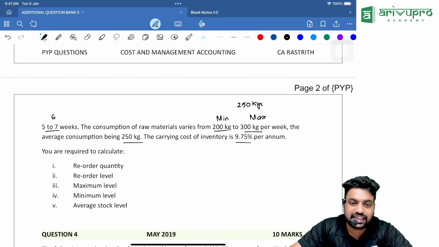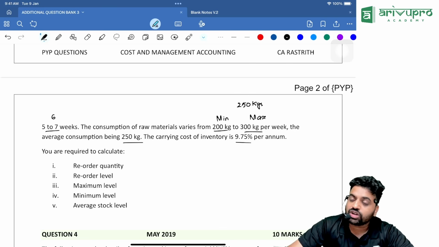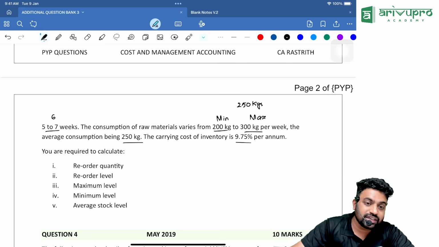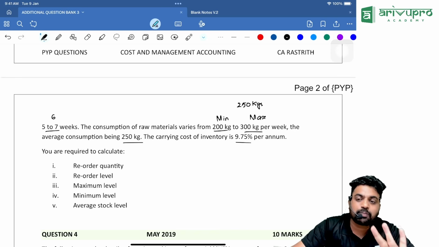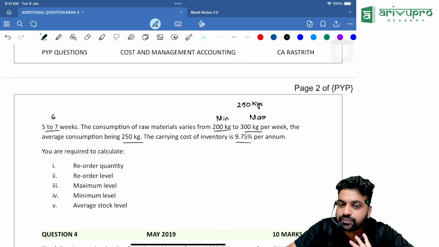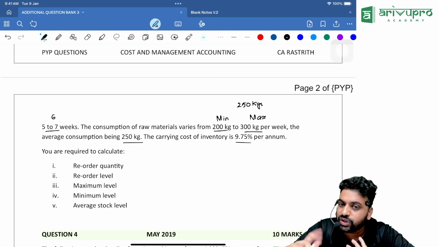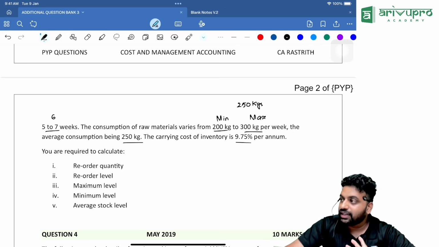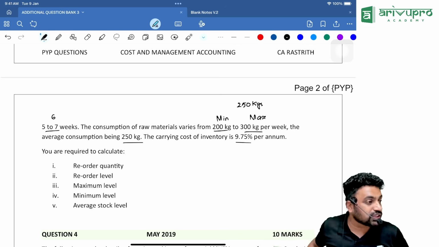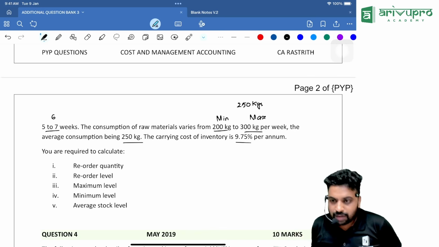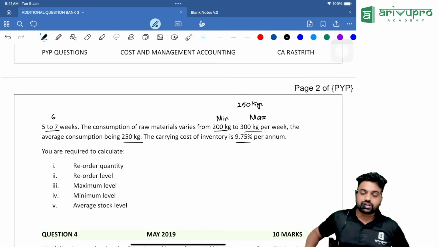Whenever the question is silent, you can go for EOQ as ROQ. However, ROQ you can also find it out using one more formula, maximum stock level formula. That's the only place we will consider ROQ, if you remember. Correct? Now, anyhow, maximum also they haven't given, which means we have to compute EOQ.